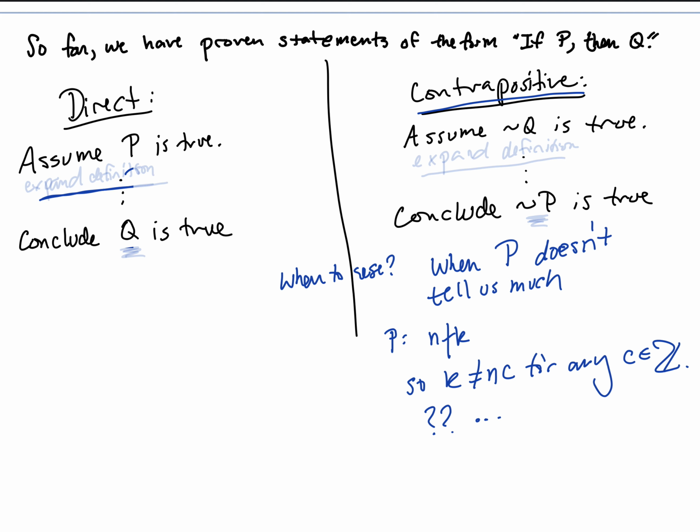So most of our proofs so far, the second line has been to expand whatever definition comes from either p or not q. So in both cases, we are expanding whatever definitions we have, and then from there, thinking about what we are trying to prove and how that might relate to our expanded definition.